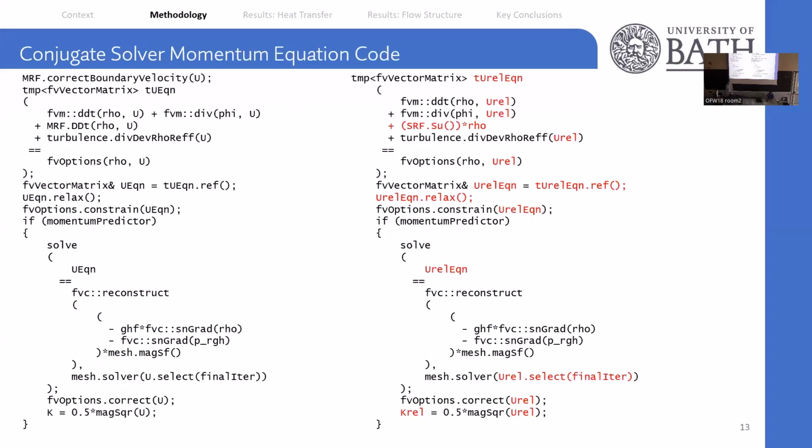And just shown on screen now is part of the momentum equation of the code. Note the SRF.Su being the source term for this rotational package, which covers the Coriolis and centrifugal forces, as well as a change to the kinetic energy KRel for solving everything using the rotational reference frame.